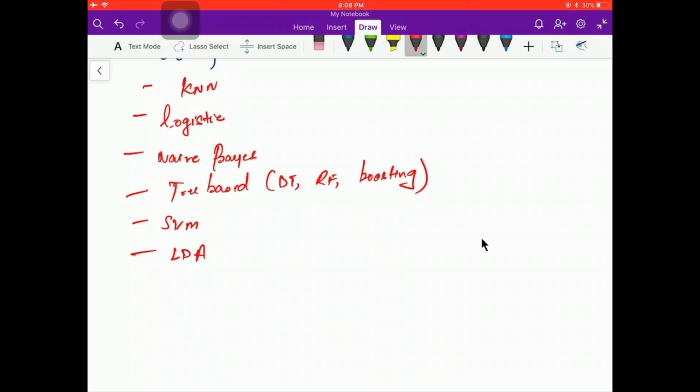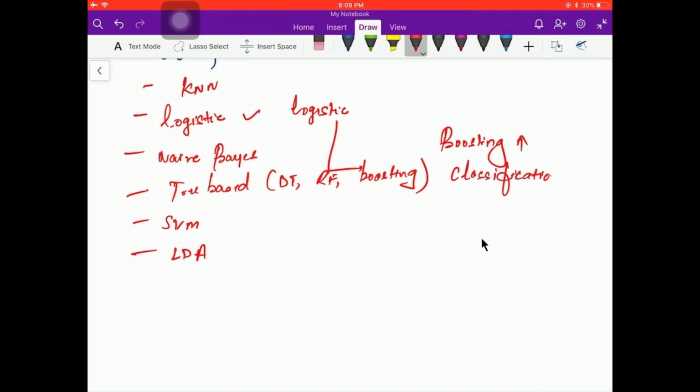Similar question: if we know that this is a classification problem, how should we start? Which model should we start with? Start with logistic, go to random forest, and then boosting. Boosting again will perform the best in classification problems.